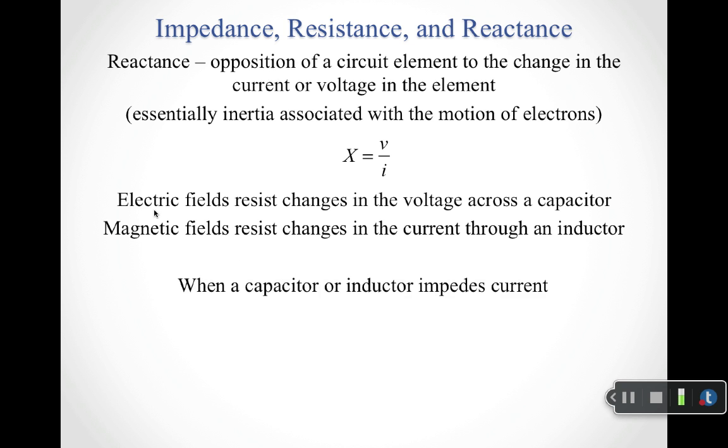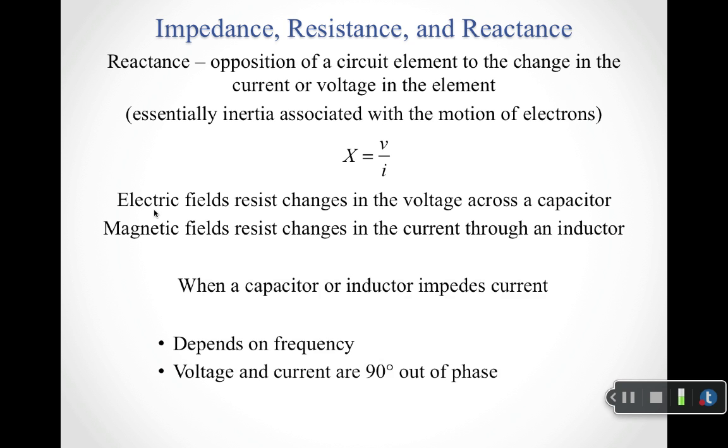When you have a capacitor or an inductor that's impeding the current, there are a handful of things we can broadly characterize. One is that it will depend on the frequency. Whether you're running at high frequency or low frequency will change the reactance across either the capacitor or the inductor.